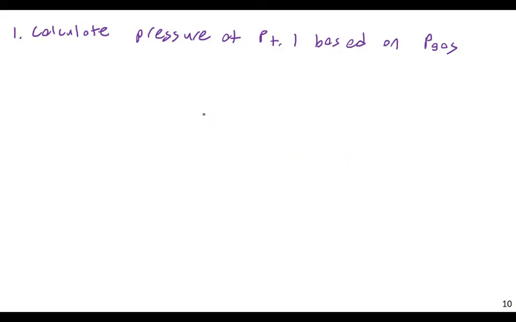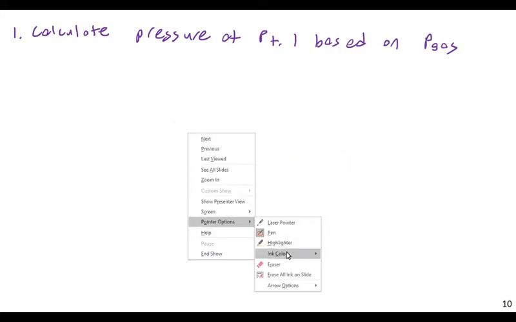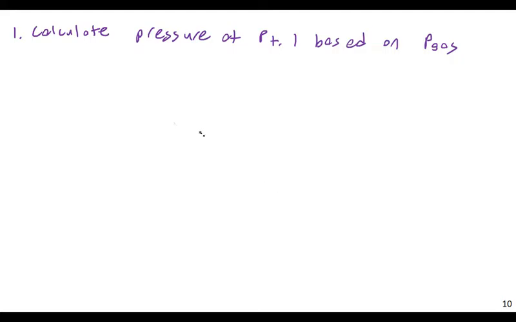P1 equals P gas plus gamma times Z1 minus ZA.